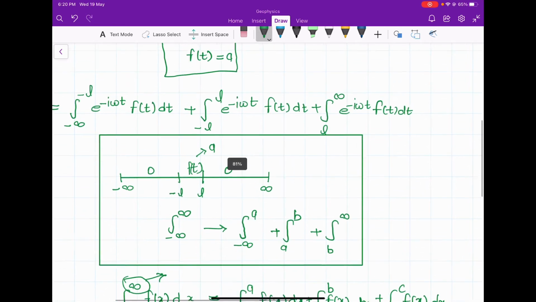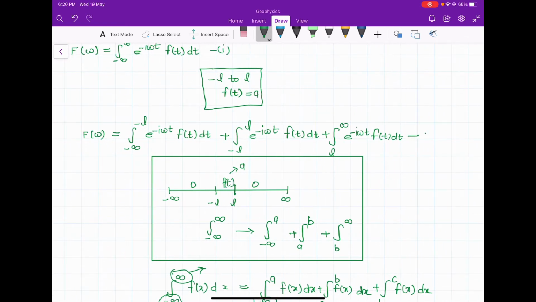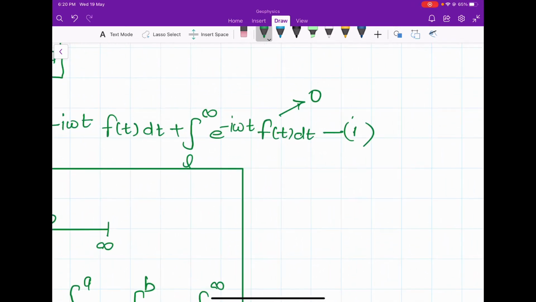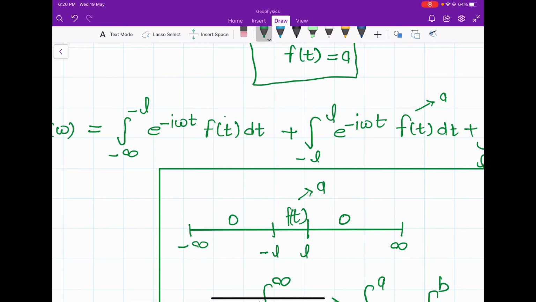So this will be your equation number 1. Now this value is 0, because L to infinity is 0, minus L to L is A, and minus infinity to minus L is 0.